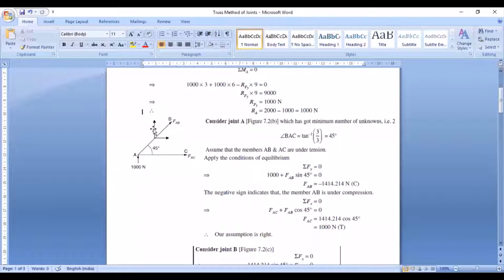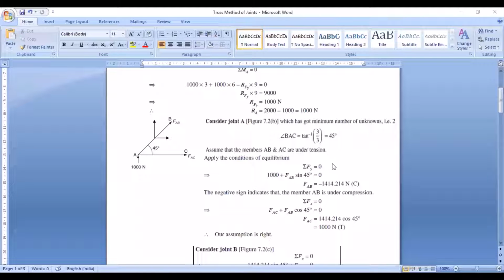You have a vertical force acting upwards, that is FAB, and a vertical force of 1000 Newton, which is also acting upwards. The vertical component of FAB is FAB sine 45, because the inclination is 45 degrees with respect to horizontal. It is acting upwards, therefore it is taken with positive sign, and 1000 is also acting upwards, so it is taken with positive sign.